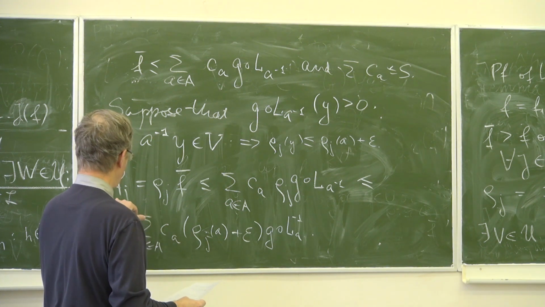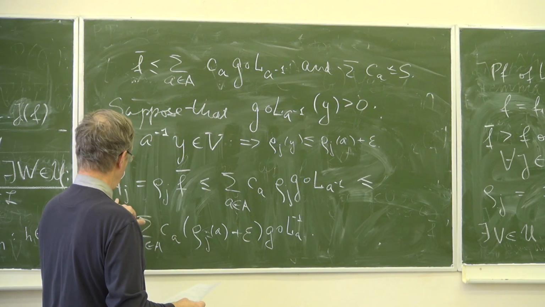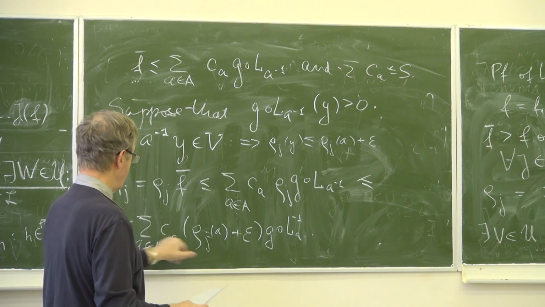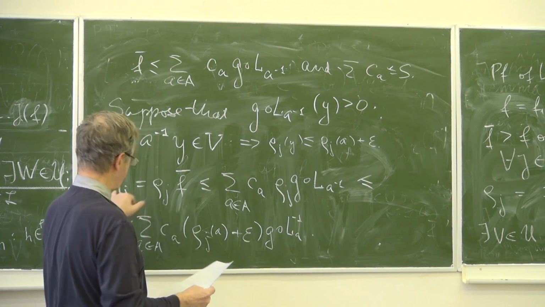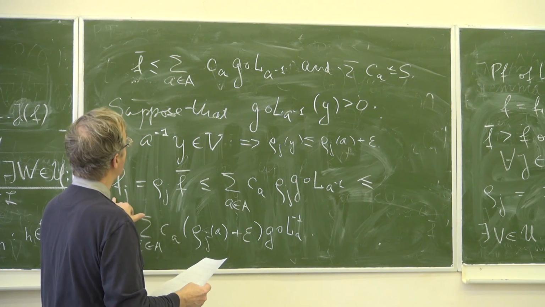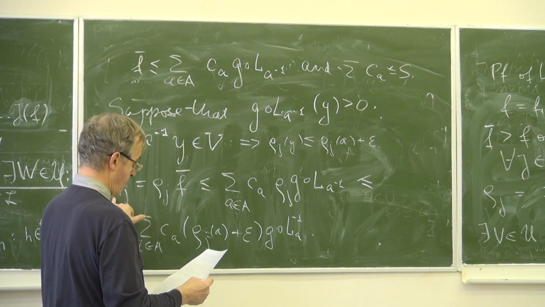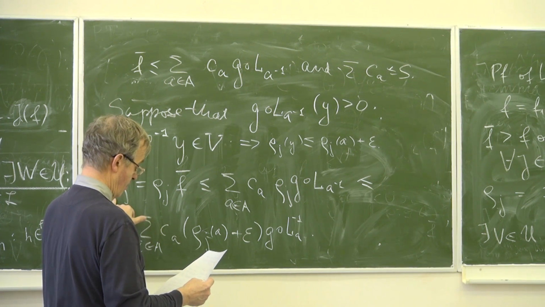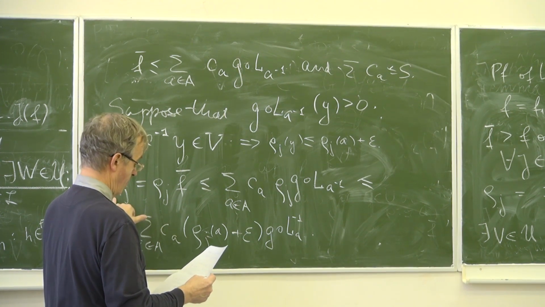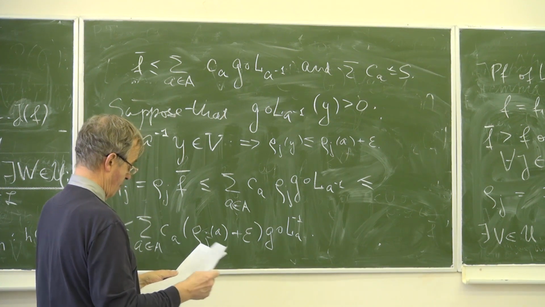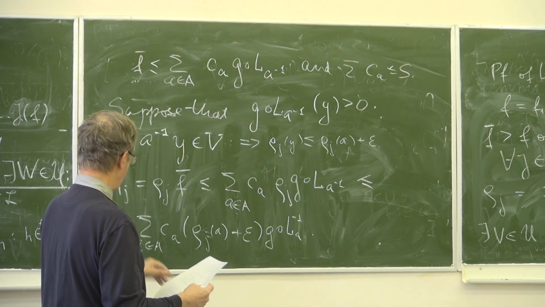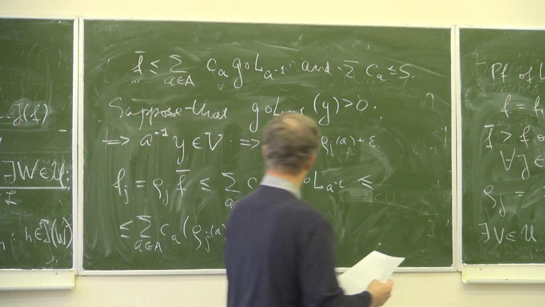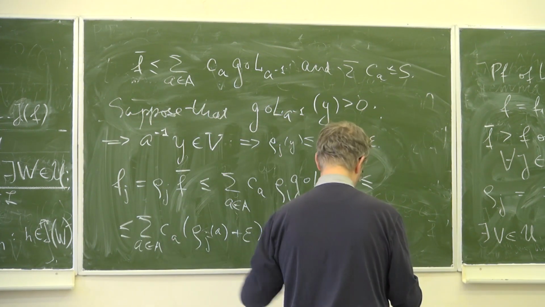So we have this majorization for fj with these coefficients. This means that ij of this fj is less than or equal to the sum of these coefficients.